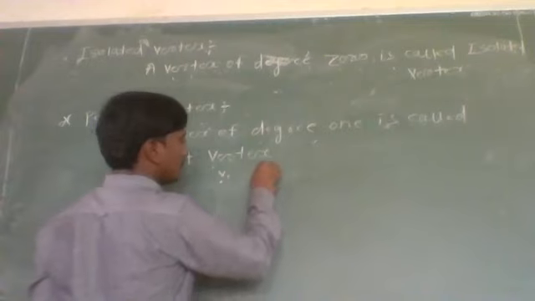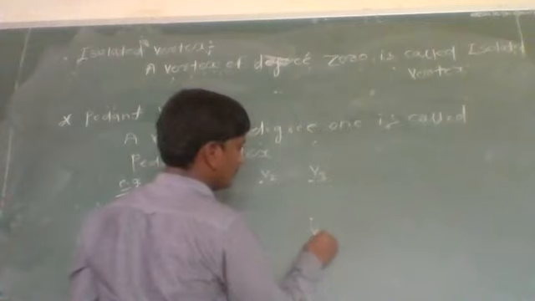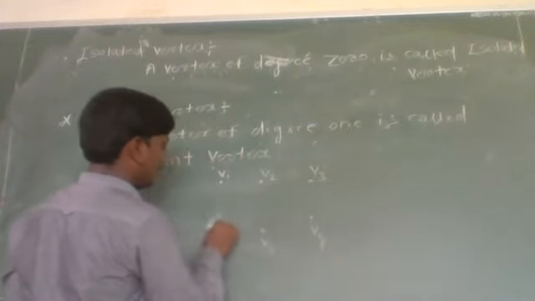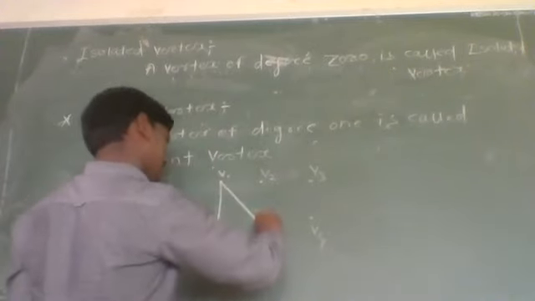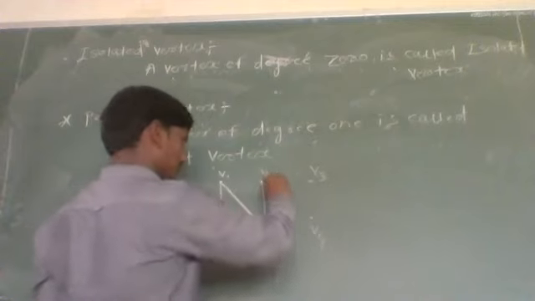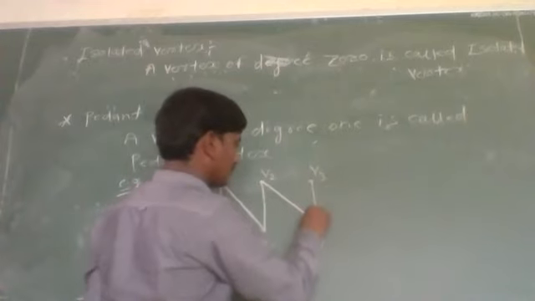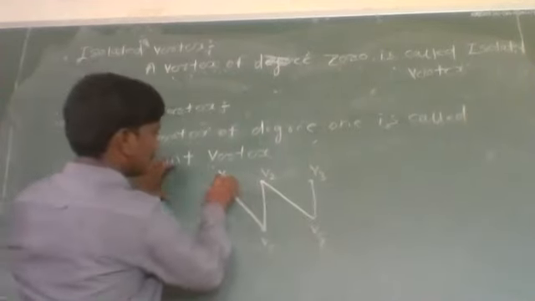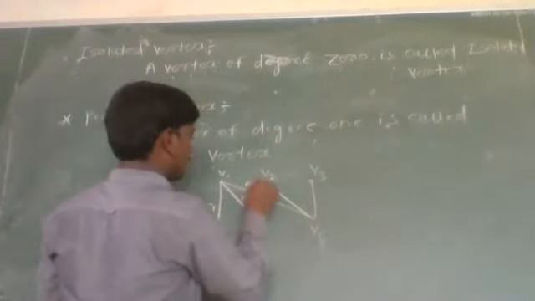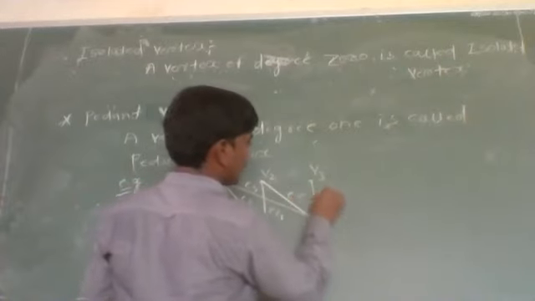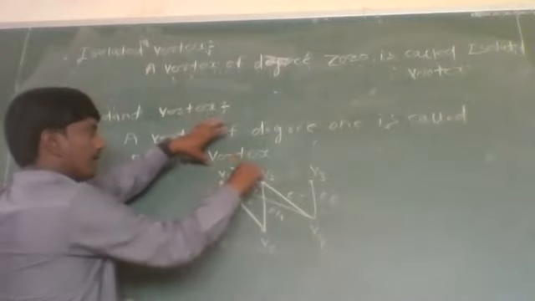This is vertex V1, vertex V2, V4, and vertex V6. Here, degree of V1 is 3, therefore vertex V1 is not a pendant vertex.